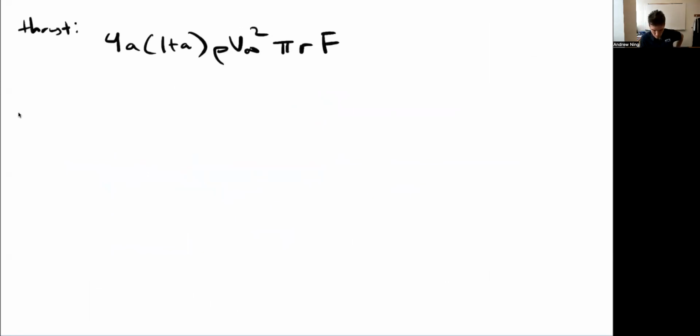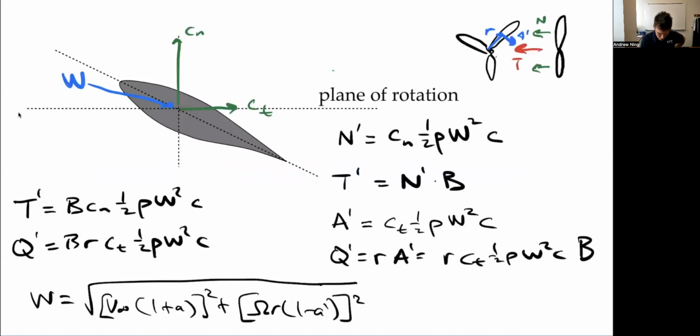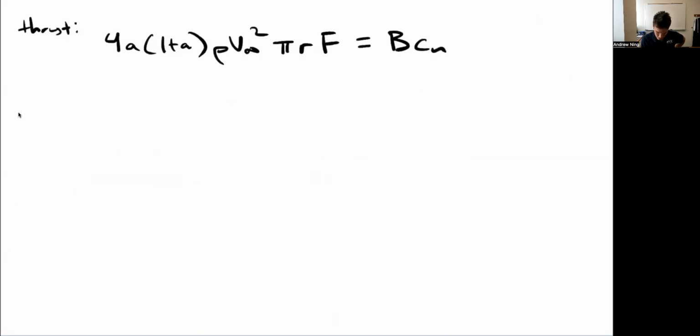And this equals our blade element theory, which we got as B times Cn, this one right here, times 1/2 rho W squared times C. Okay, that's it.